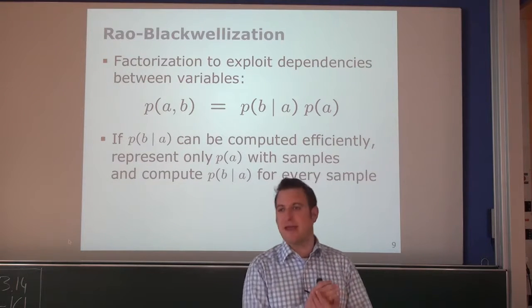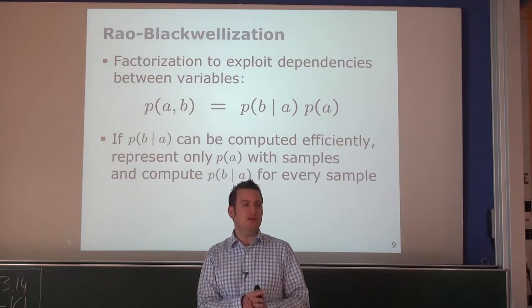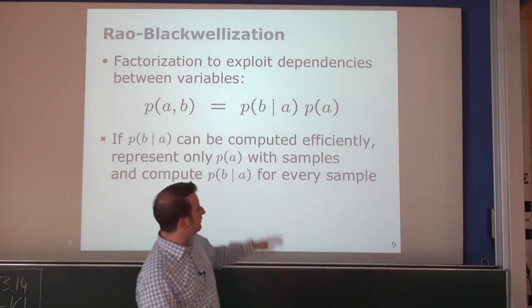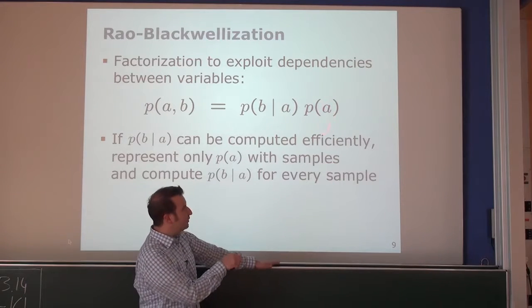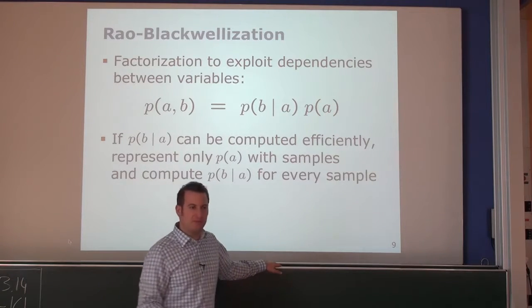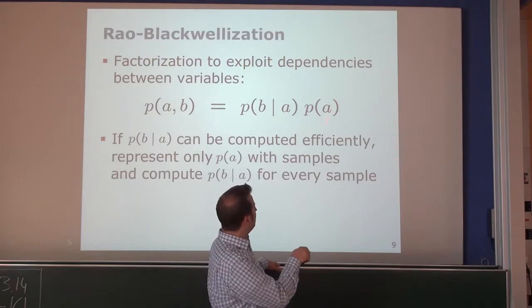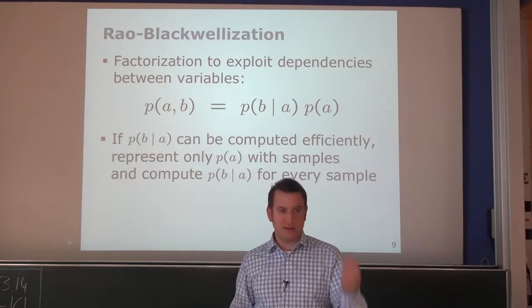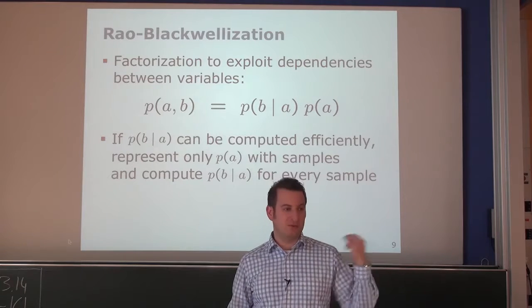So given I know A, I can compute B easily. If this is the case, it can make sense to say, okay, let's represent only A with samples. And then for every sample, just compute P of B given A, given that I take exactly the state of A which the sample told me.